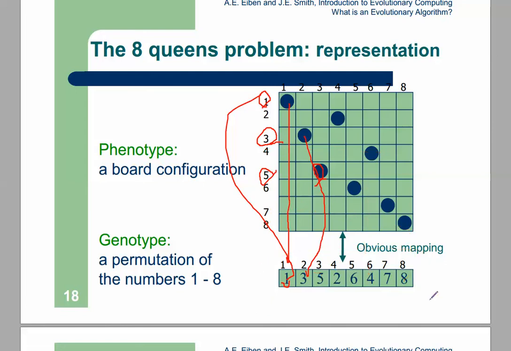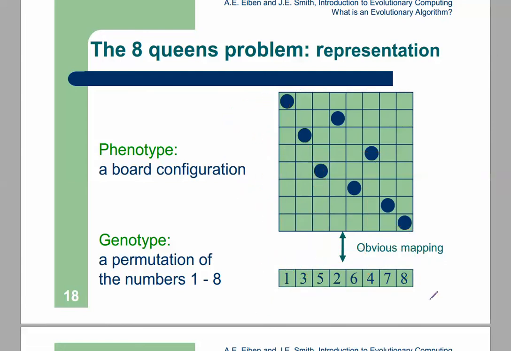In this representation, the representation includes a one-dimensional array with values from 1 to 8 that no one repeats. It includes all combinations of 1 to 8. It is a permutation representation.